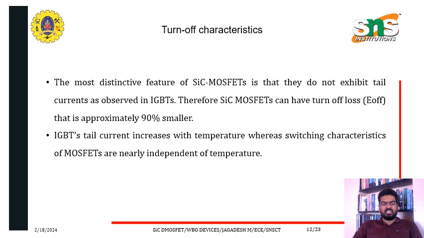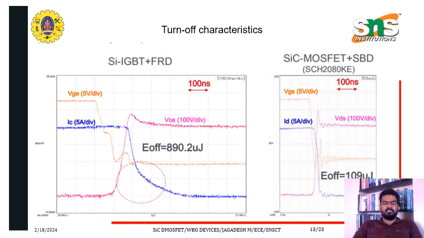Turn off characteristics. The most distinguished feature of SiC MOSFET is that they do not exhibit tail current as observed in the IGBT. Therefore, SiC MOSFET turn off loss, that is Eoff, is approximately 90% smaller. The turn off characteristics are given in this graphical representation.